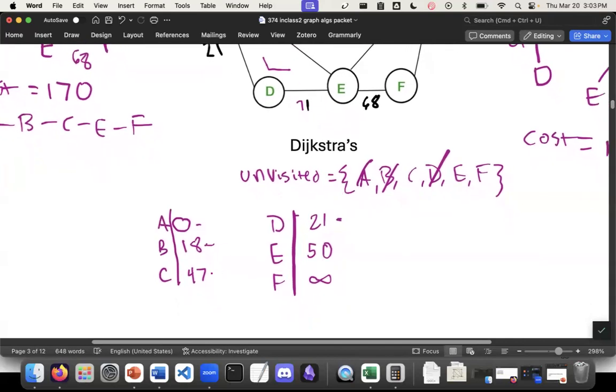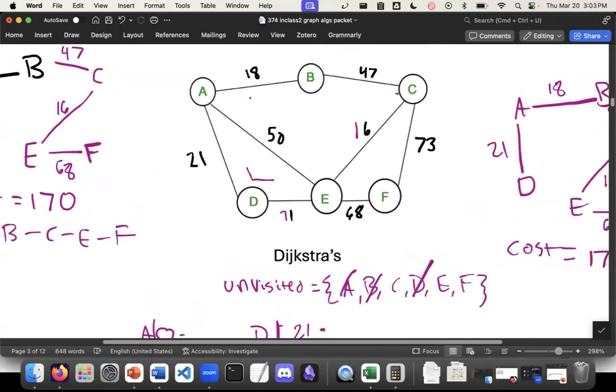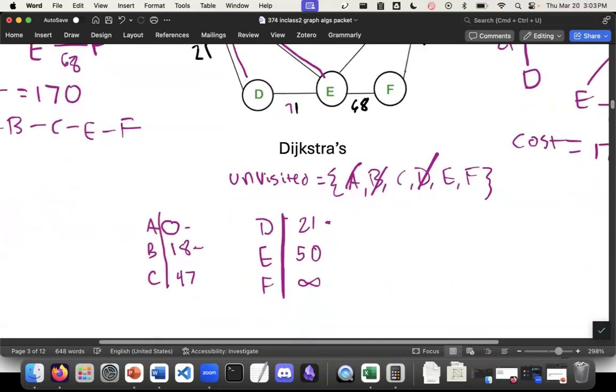So now we've got a choice of C or E. 47 wins. So we look at C. So currently we're going from A to B, A to D, A to E, and B to C. Wait.